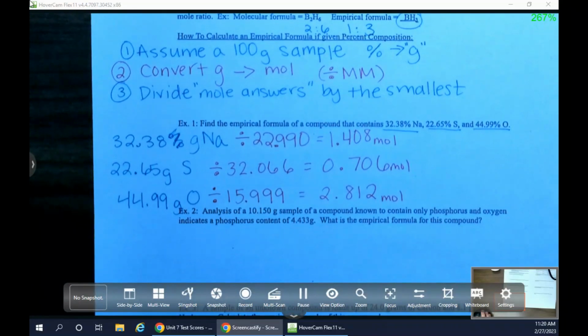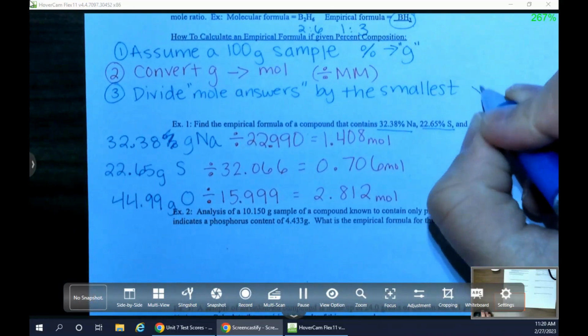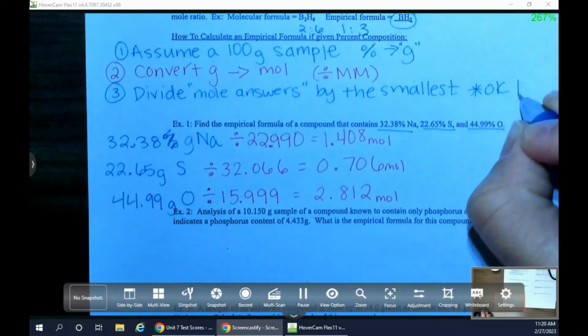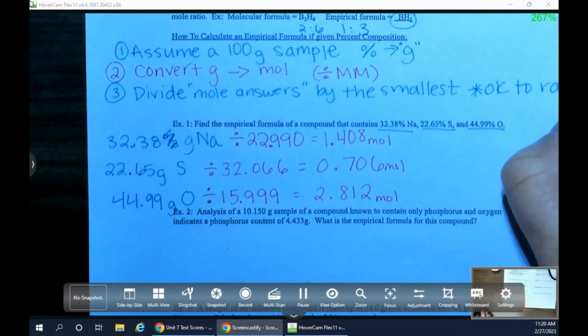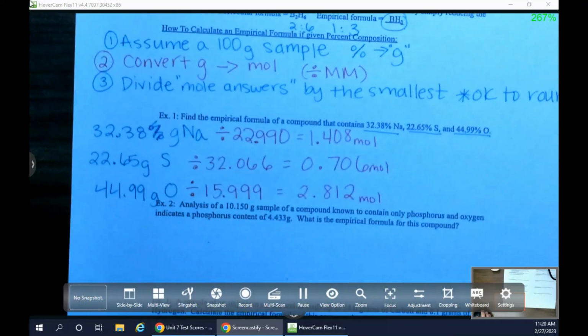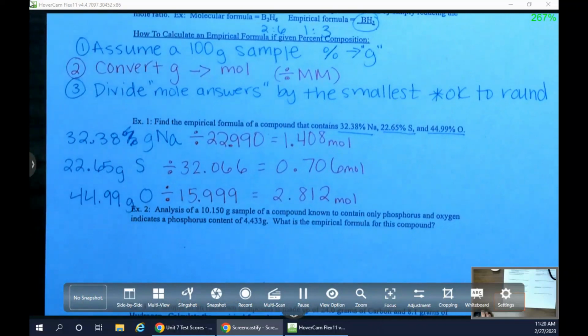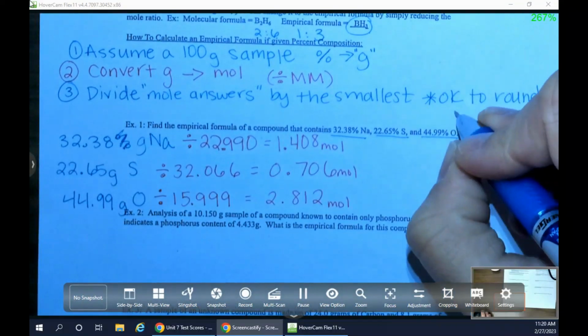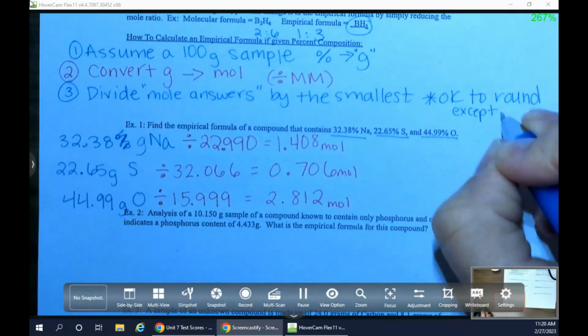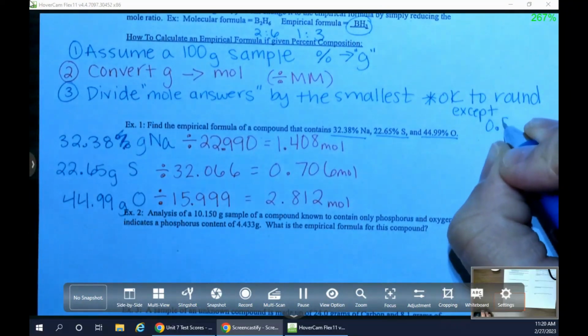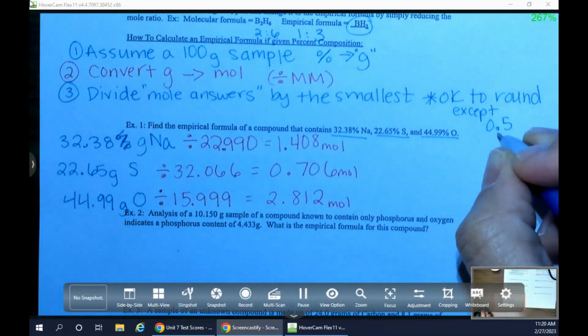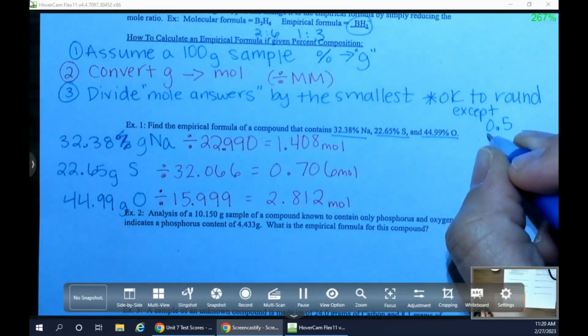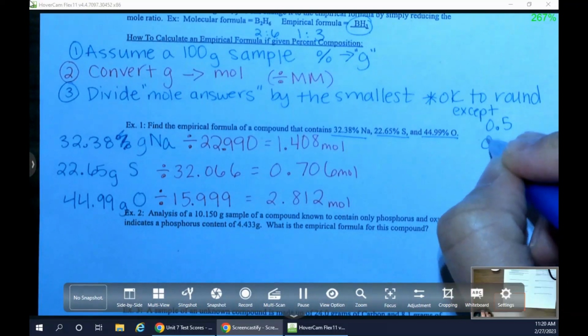So you should get one of them being 1. This is an okay step to round. However, if you get a 0.5, you may not round that. So it's okay to round and just accept something like 0.5, anything 0.3.